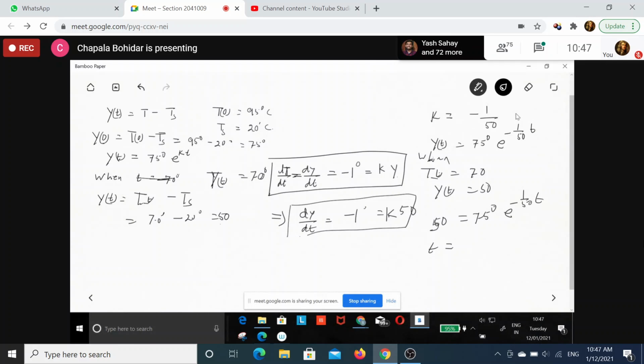I can write down this is equal to 75 by 50 is equal to e to the power 1 by 50 t.